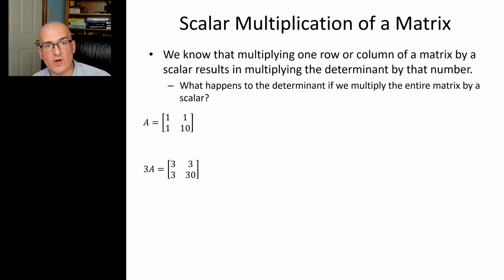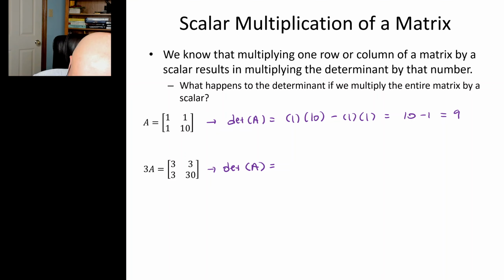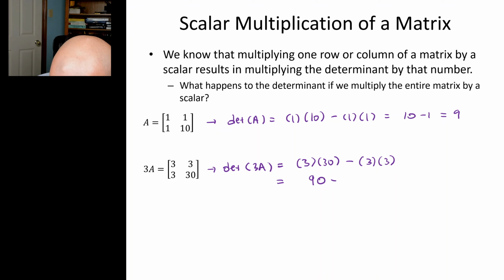Just to do one more experiment along those lines, the determinant of A, with A given here, is 1 times 10 minus 1 times 1. So 10 minus 1, which is 9. For this one, the determinant of 3A is 3 times 30 minus 3 times 3. So 90 minus 9, which is 81.